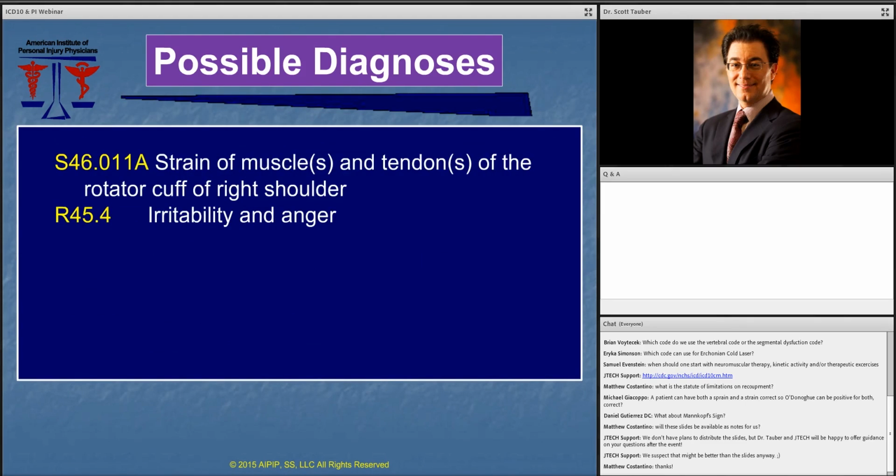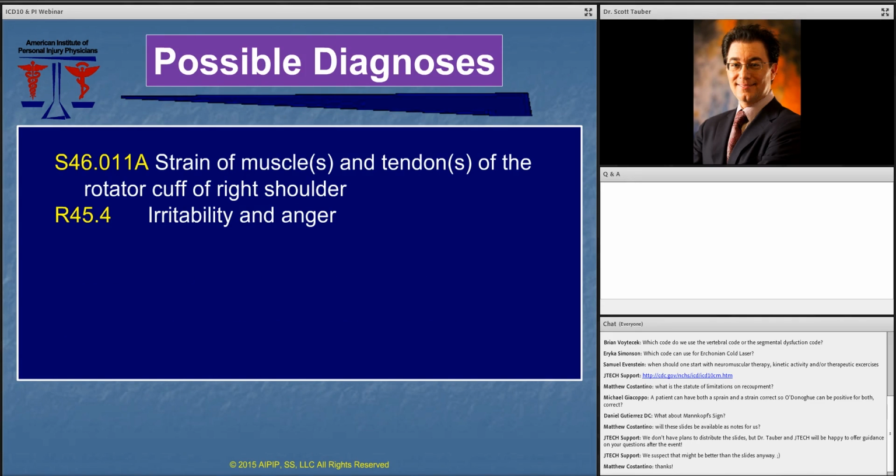We also, from our shoulder testing, had a strain, the S code here. Notice again, that code requires the 7th digit, so there's the A. Irritability and anger was something that the patient had subjectively told us. Notice it doesn't require any other digits, doesn't require dummy placeholders or anything. That's the code right there.